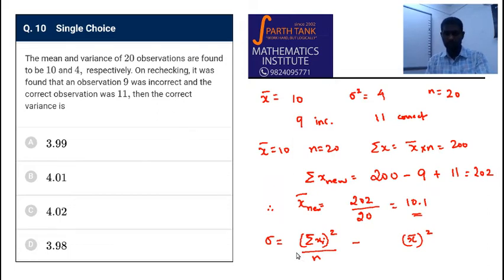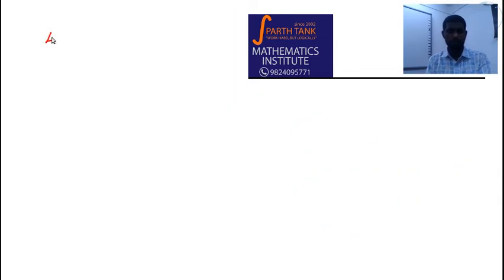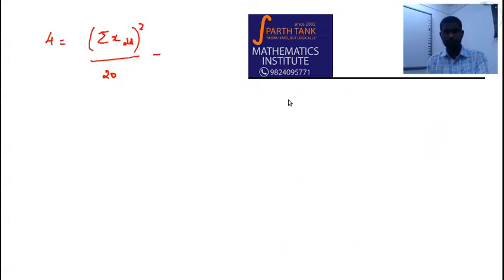From this equation, since the variance is given, we'll find the old value of summation of x squared. So 4 is equal to summation of x squared by n, which is 20, minus x bar the whole square. X bar the whole square is nothing but 10 squared.